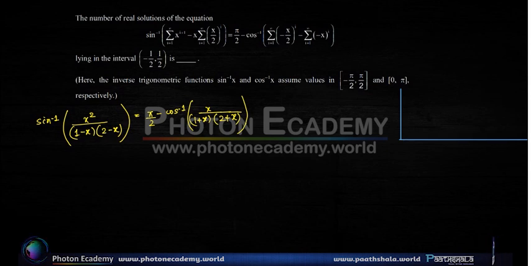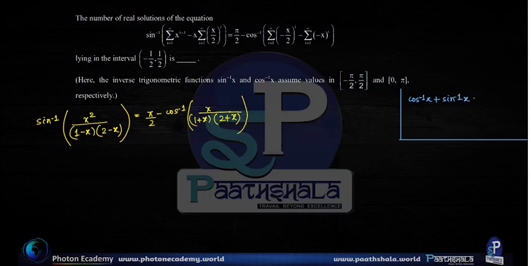The formula we will use here is cos inverse of x plus sine inverse of x is equal to pi by 2.